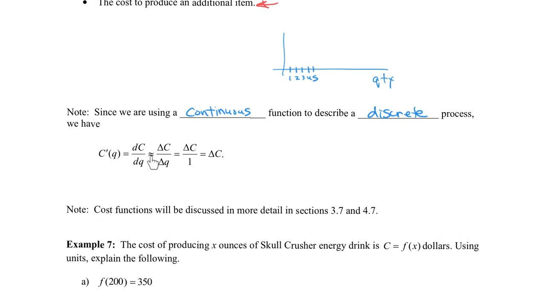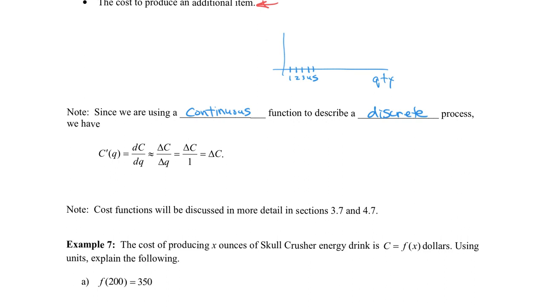So it's approximately the same. So we're holding this to 1 unit, right? The change in quantity would be 1, so that we really have the change in cost. So the marginal cost is approximately equal to the change in cost.